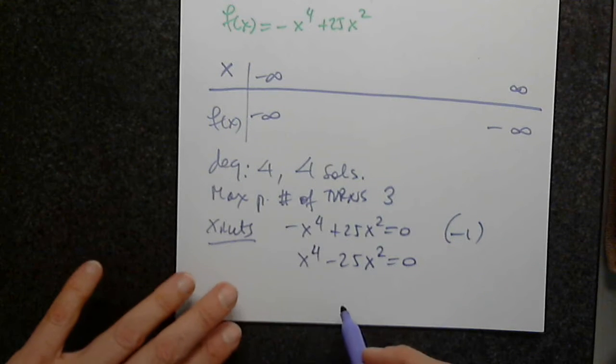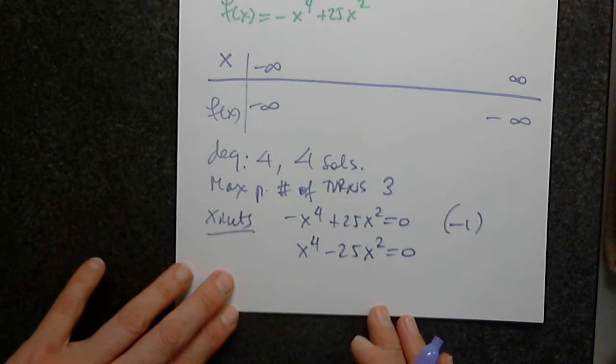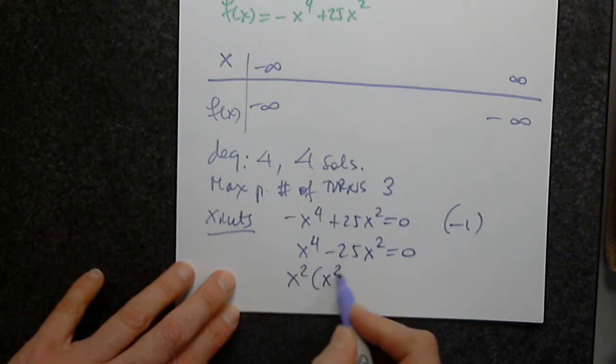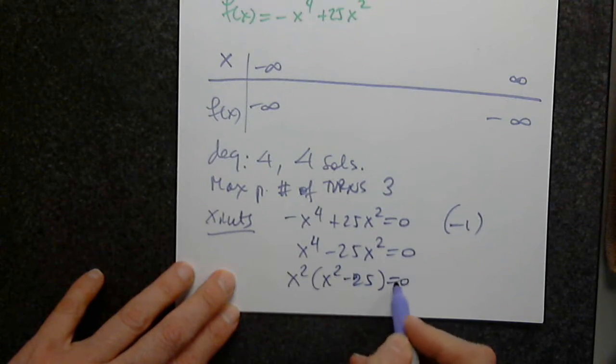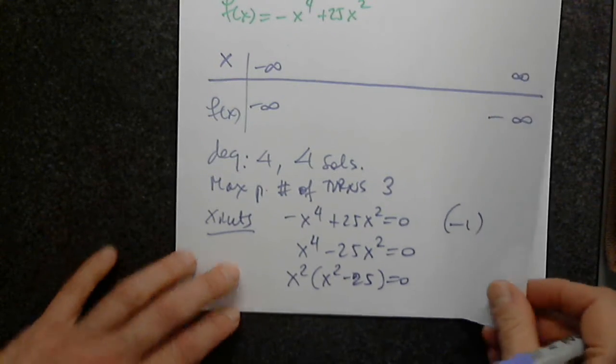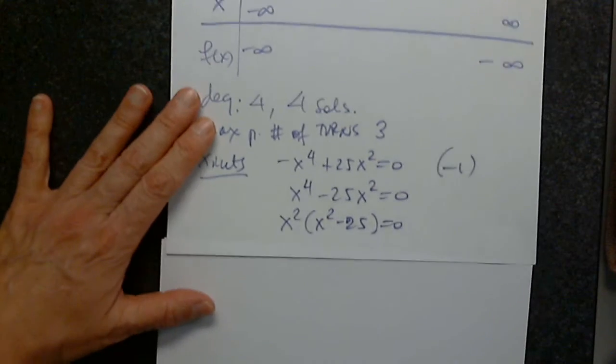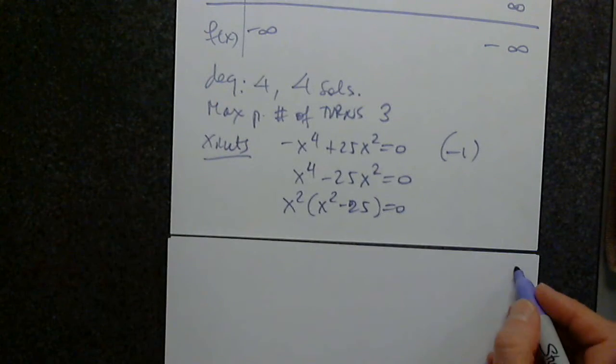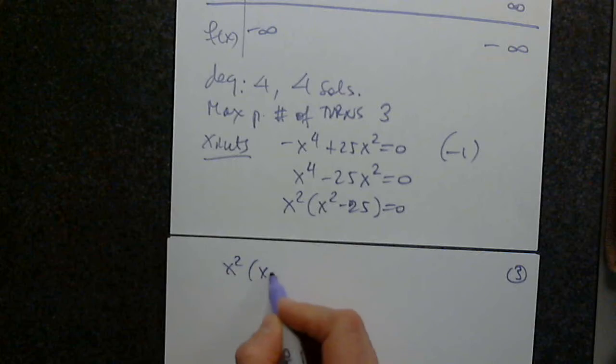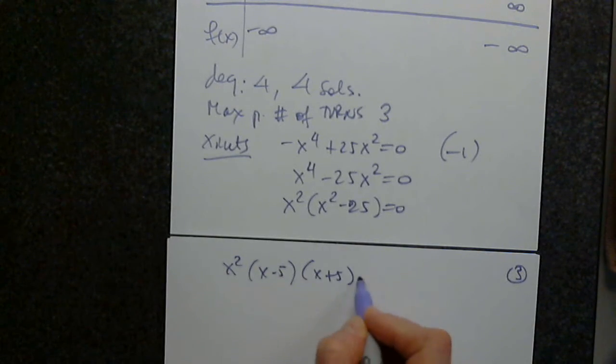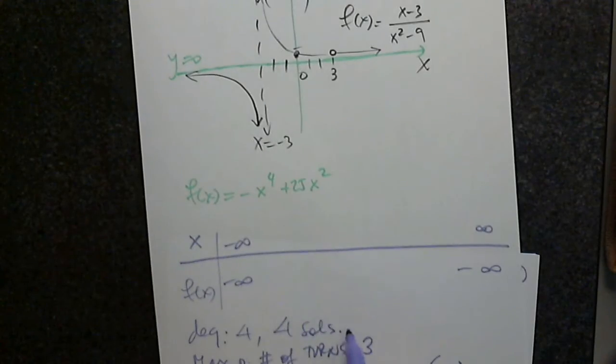I have to factor out. Excellent. What? Perfect. So I have x squared times x squared minus 25 equals 0. And I have to continue factoring because x squared minus 25 can be further factored. Very good. That's the reason why from the very beginning we established this, so I don't forget.